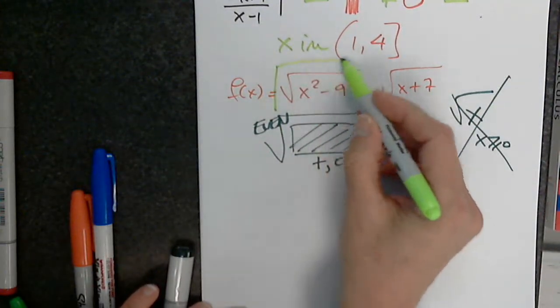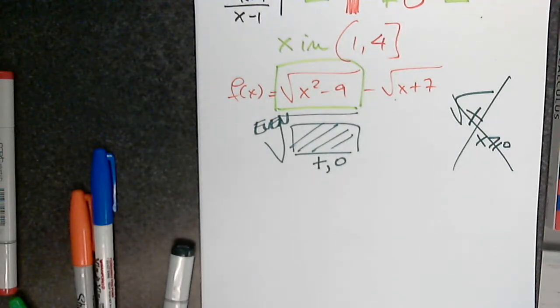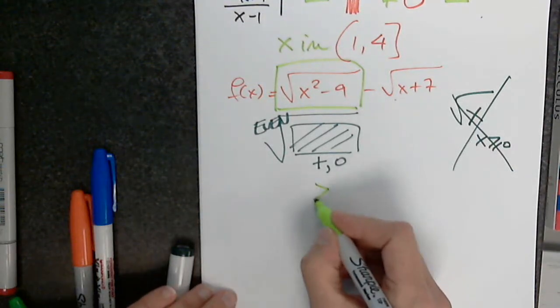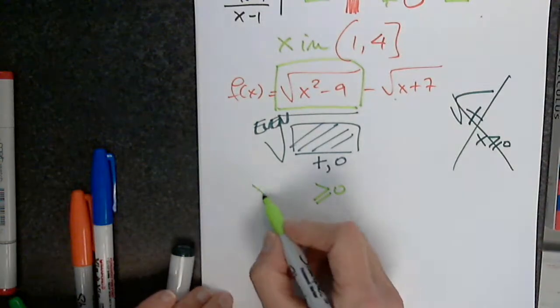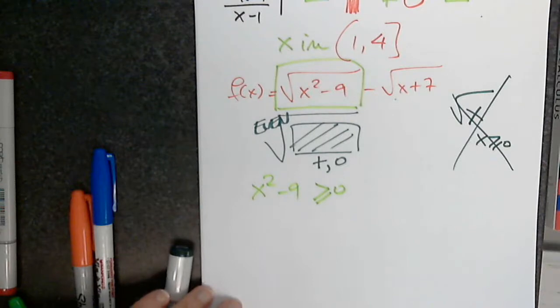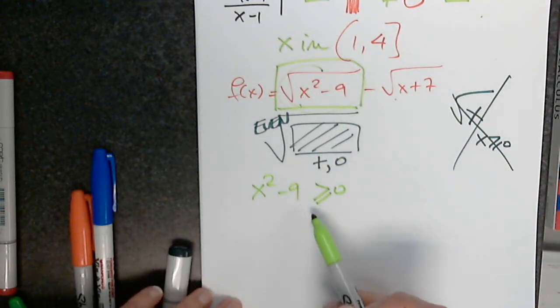What is the condition for this to be a real number? It has to be greater than or equal to 0. What has to be greater than or equal to 0? X squared minus 9. Yes, of course. So this will exist if x squared minus 9 is greater than or equal to 0.